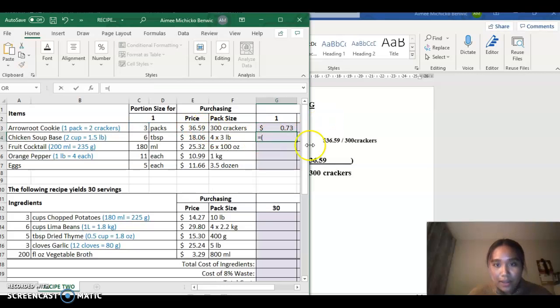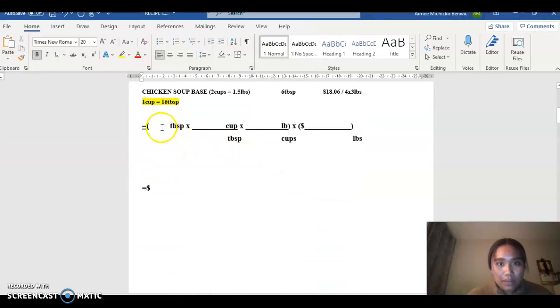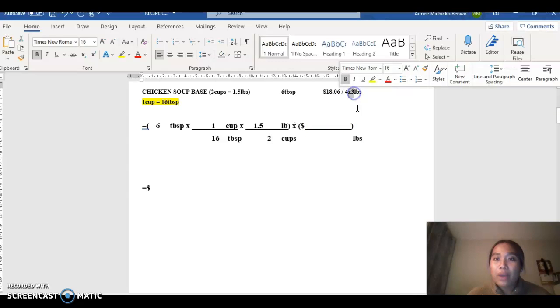For the next item, the chicken soup base, I have 6 tablespoons here. In one cup there are 16 tablespoons, and we're using the weight equivalency here, so 1.5 pounds per 2 cups. We need to go to pounds, so we have to convert to pounds. If you see this number, that means we have to multiply.